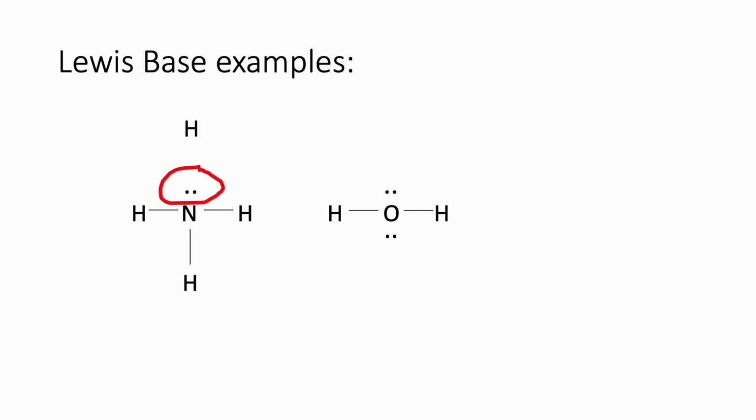You can see the same thing happening over here. If you want to turn water into H3O+, there are actually two possible electron pairs that could do that, but I just circled this one, and that could form a bond with hydrogen. So this is why we need to think about electron pairs. This is helpful when you're looking to see what might be a base. You can ask, does this have a non-bonding pair that could bind a proton?